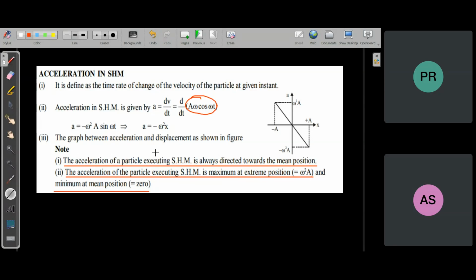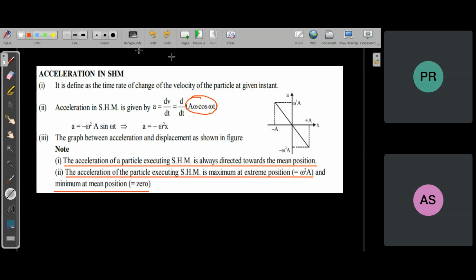At the mean position, x will be 0, and so acceleration will also be 0, the minimum. Also, you have to understand that the mean position is that position where net restoring force becomes 0. So force is 0, then acceleration is automatically 0 from Newton's law.